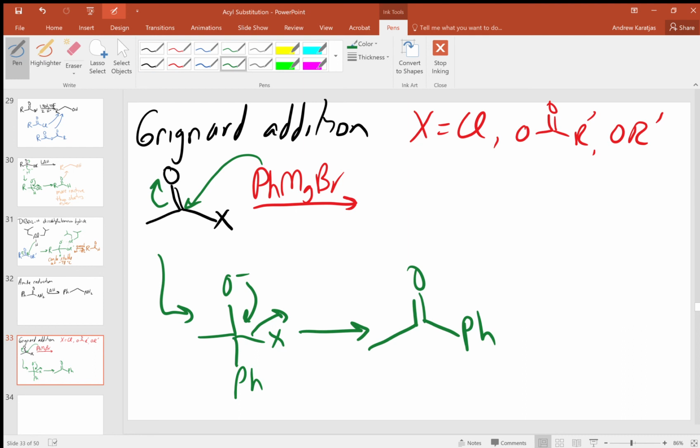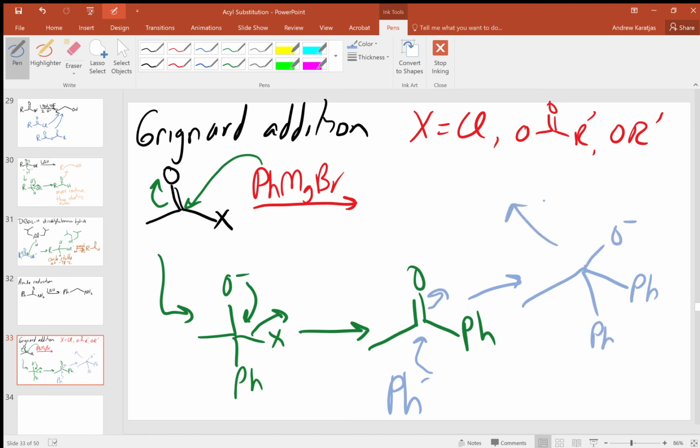And a ketone, as we've learned back in the aldehydes and ketones reactions, is going to be, again, even more reactive than our starting material was. And so another molecule of the Grignard adds in, giving O minus here, and upon quenching, we get the alcohol as our product.